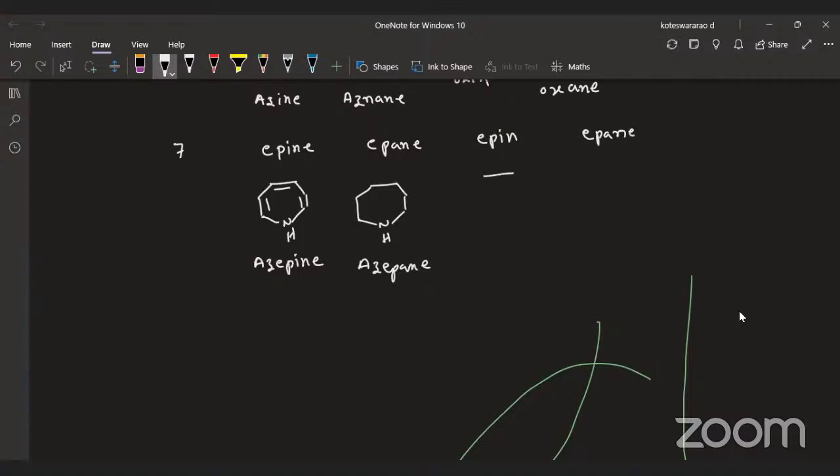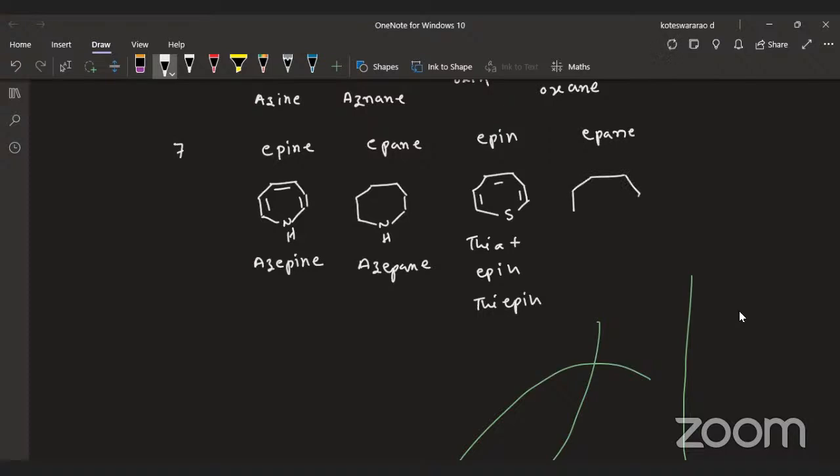Suppose you take the same compound with oxygen. Every time oxygen, why don't you take sulfur now? Yeah, right. Thia plus epine, thiepine is the name. Right.